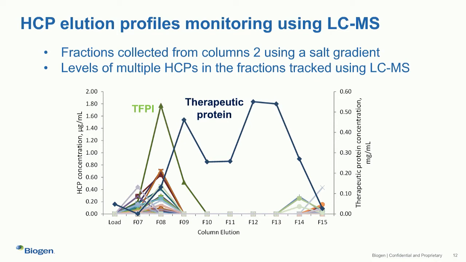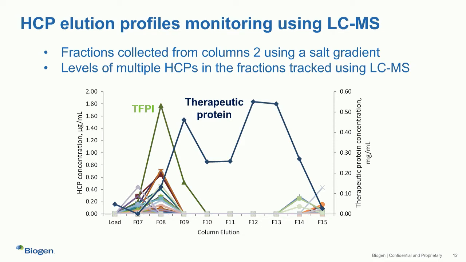So in this figure, the primary axis is the abundance of individual host cell proteins in the unit of microgram per ml, and the second axis is the abundance of the therapeutic protein in the unit of milligram per ml. We found that the therapeutic protein mainly eluted between fraction 8 and fraction 14.